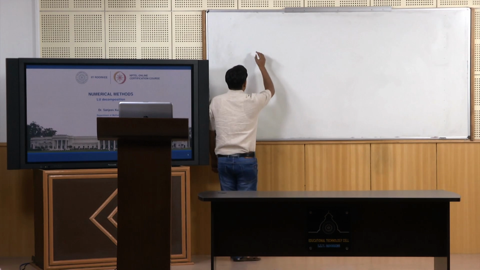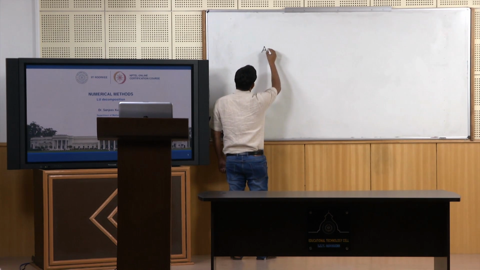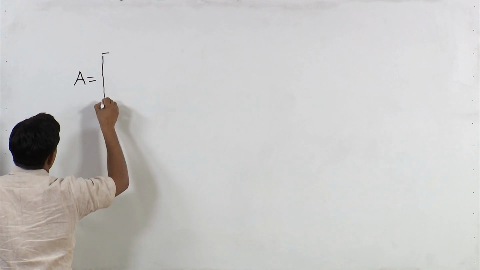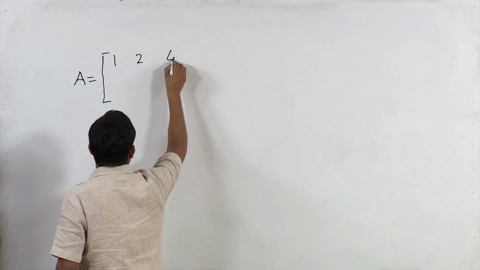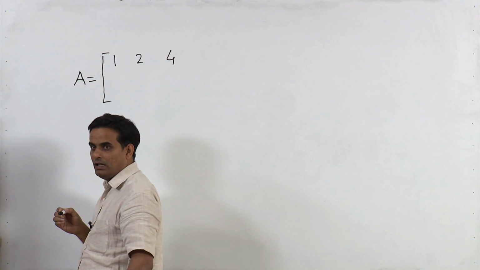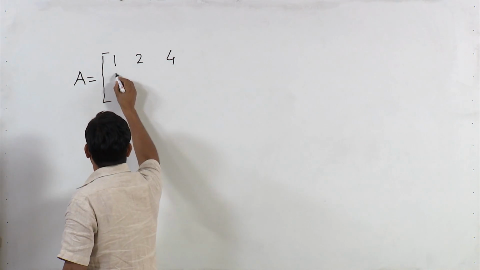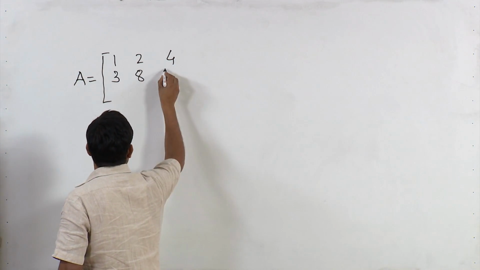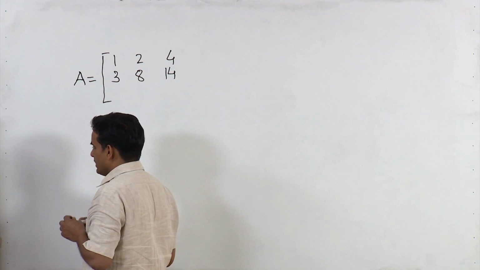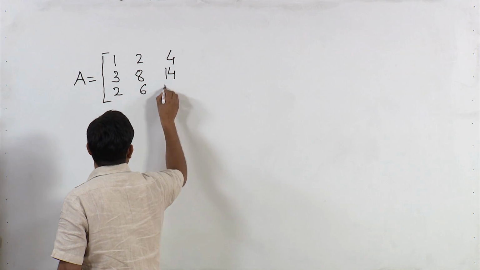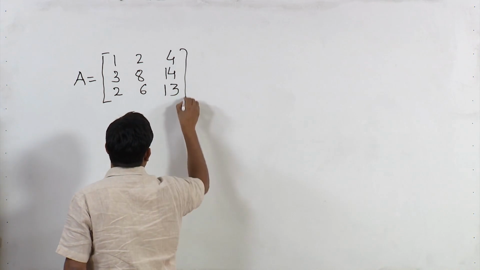Take a 3 by 3 matrix A, which is given as: first row 1, 2, 4; second row 3, 8, 14; and the last row 2, 6, 13.